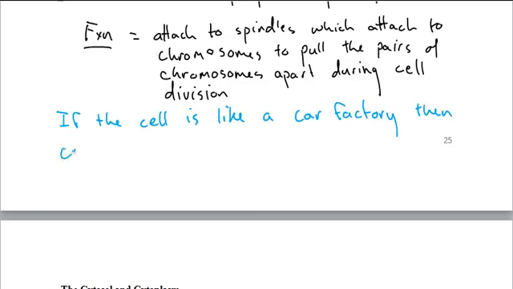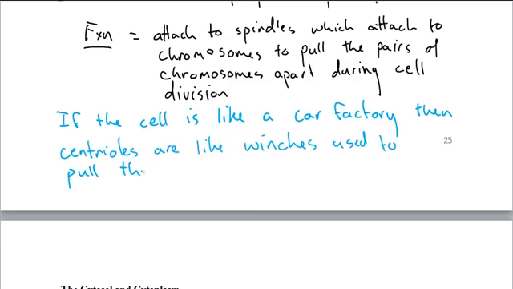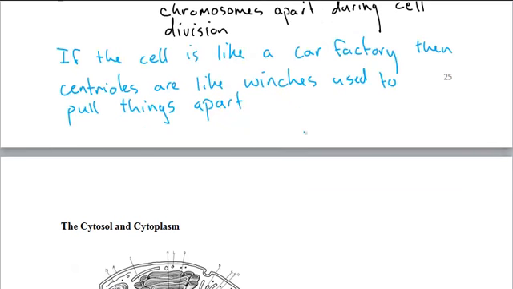And centrioles are like winches. So they'd be the actual winch, and the spindle fibers would be like a rope or a cable attached to whatever was being pulled apart.